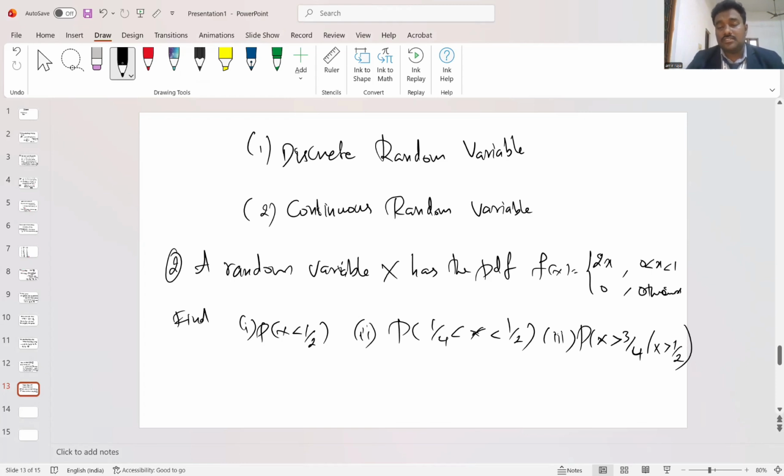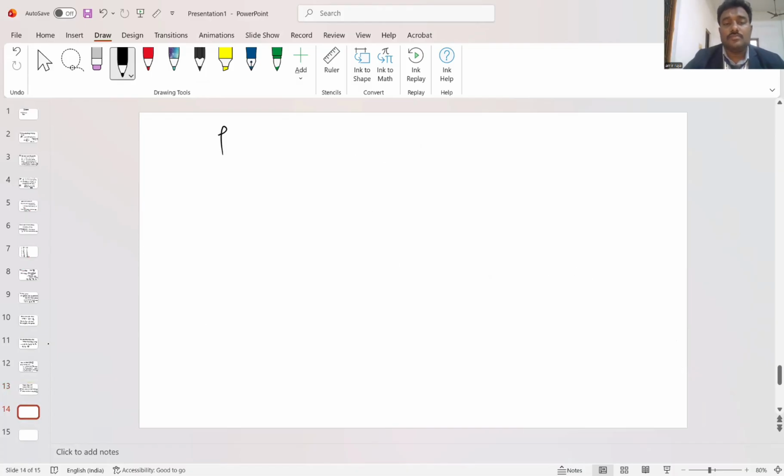Okay. So we are given that f of x will take the value of 2x and 0 otherwise. So whenever we have x from 0 to 1 it will be 2x. So we can simply take f of x equal to 2x whenever x is in between 0 to 1. So now the first subdivision we are asked to find is probability of x is less than 1 by 2.